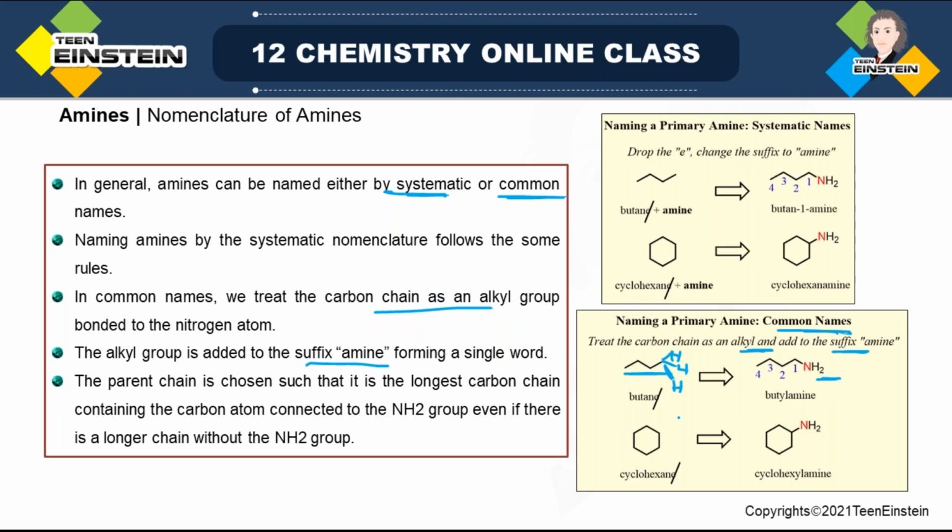So it will be butyl, and then you have to end it with amine. If it is a cyclic structure, suppose you have cyclohexane, and any of these hydrogens is replaced with NH2, the name will change from cyclohexane to cyclohexyl, and then the suffix is amine.